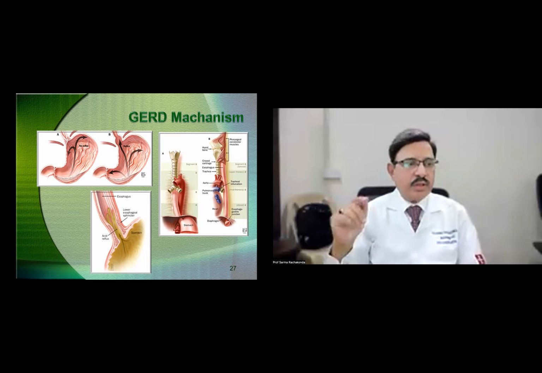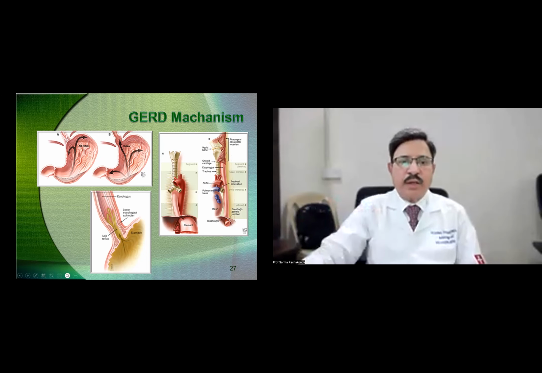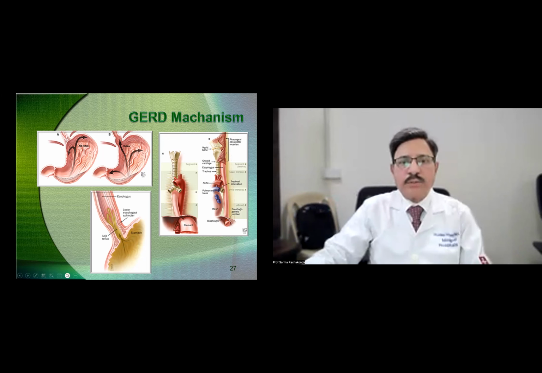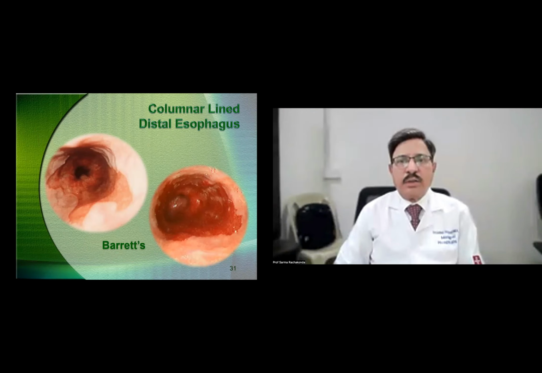In this GERD picture you can see the acid contents, the stomach contents, refluxing into the lower esophagus. Then the columnar lined distal esophagus is seen. That is called Barrett's.